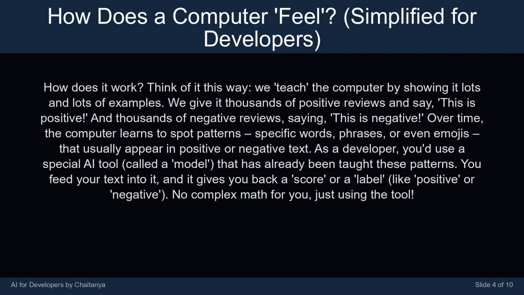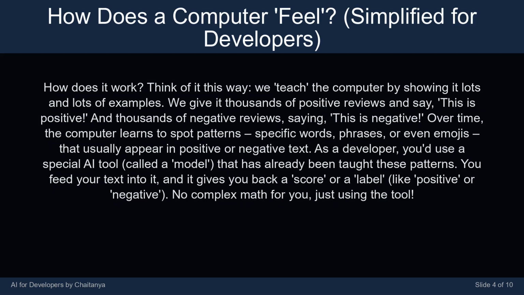How does it work? Think of it this way. We teach the computer by showing it lots and lots of examples. We give it thousands of positive reviews and say, "This is positive," and thousands of negative reviews, saying, "This is negative." Over time, the computer learns to spot patterns, specific words, phrases, or even emojis that usually appear in positive or negative text.